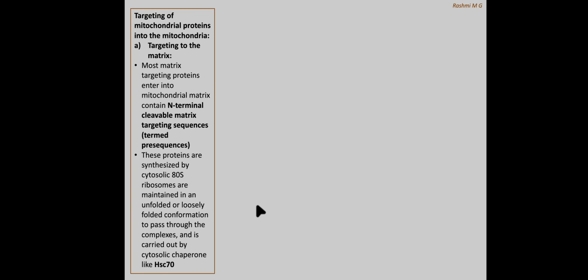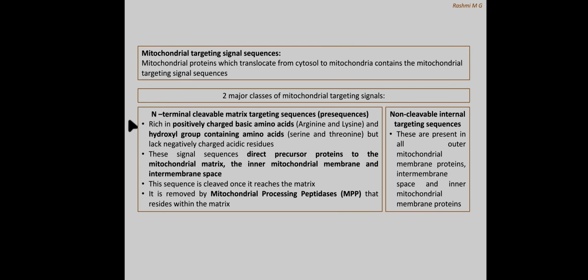So let us quickly recap what we learned. N-terminal cleavable matrix targeting sequence, the pre-sequence, is rich in positively charged basic amino acids. They have hydroxyl group containing amino acids. These signal sequences direct precursor proteins to the mitochondrial matrix, the inner mitochondrial membrane and intermembrane space.